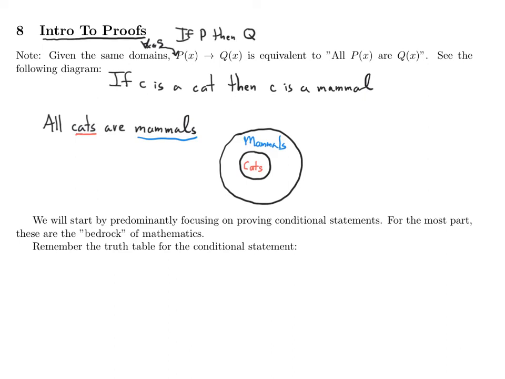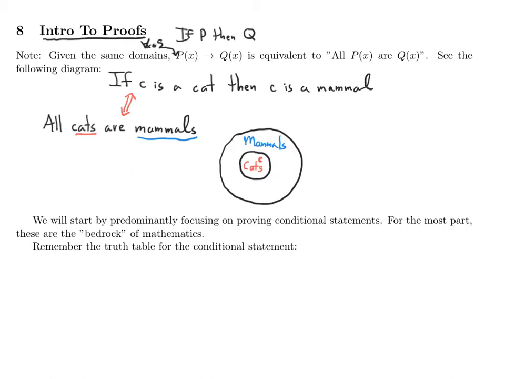So if C, we just use the variable C, let's say C lives here, it's inside the cat fence. Well, it's also inside the mammal fence. So if C is a cat, then C is a mammal can be reworded as all cats are mammals. And this holds for all conditional statements that are true. And that's going to be the idea that we're going to use to prove these conditional statements.